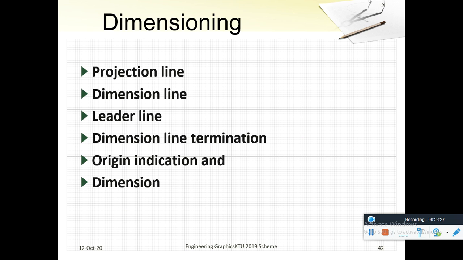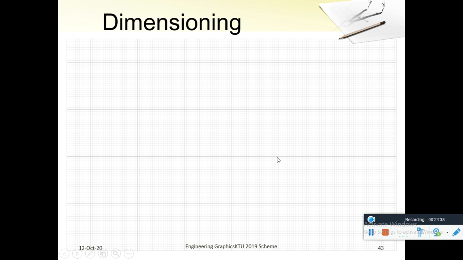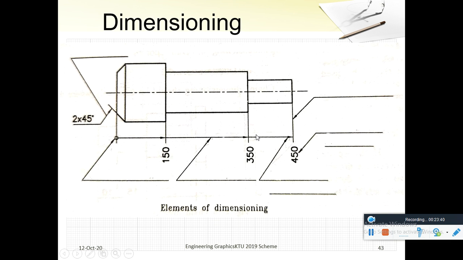Dimensioning. Different types of lines: projection line, dimension line, leader line, termination, origin indication, etc. A machine part is shown. These are the projection lines.